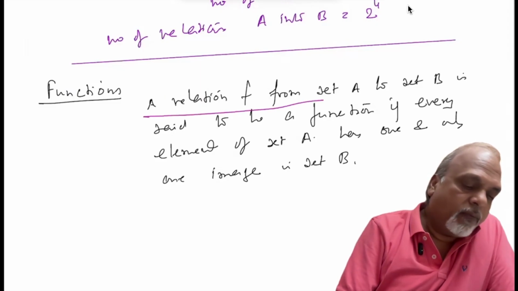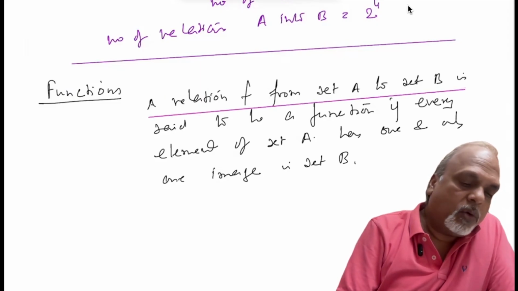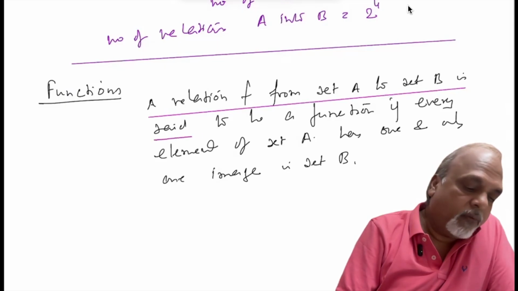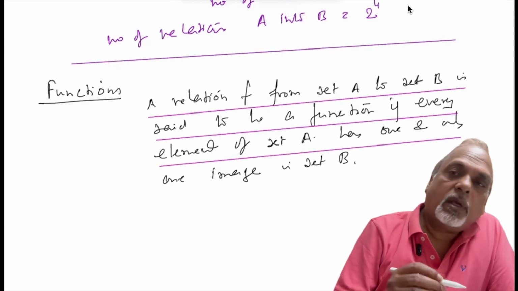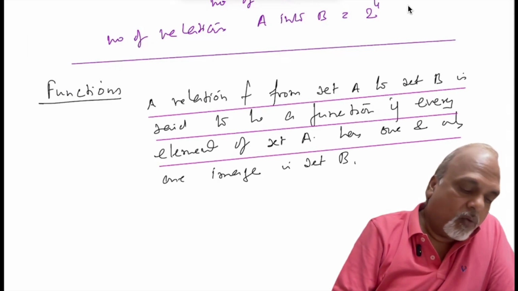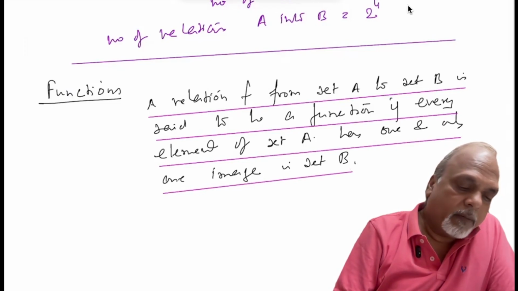A relation f from set A to set B is said to be a function if every element of A has one and only one image in set B.